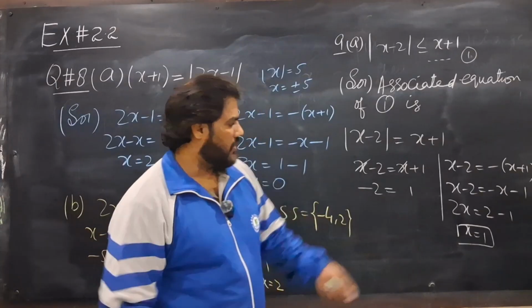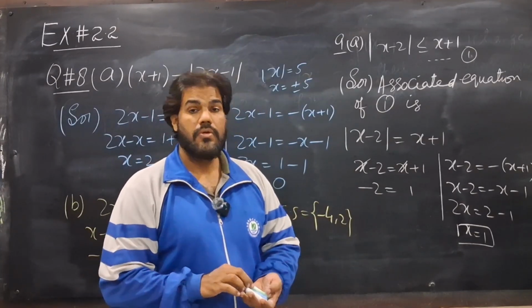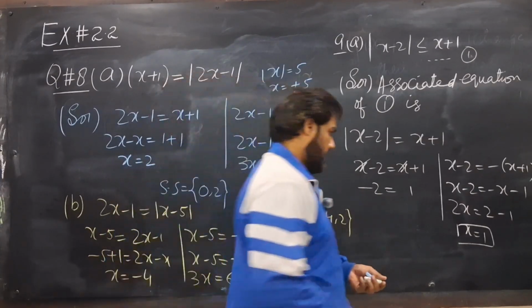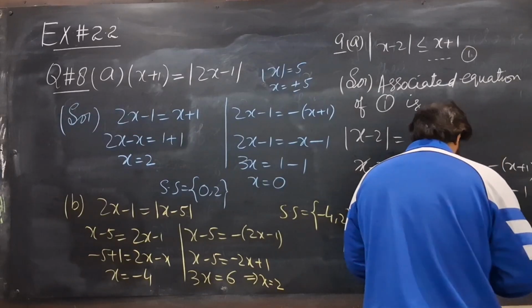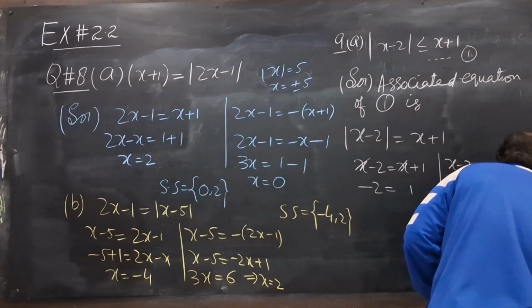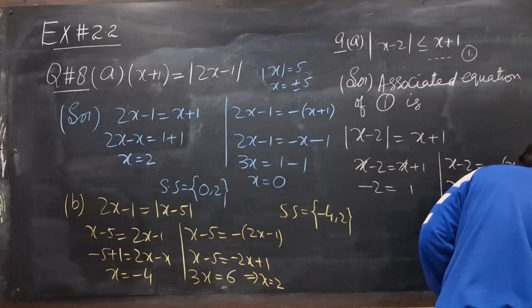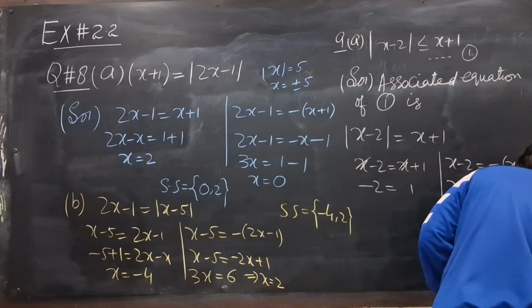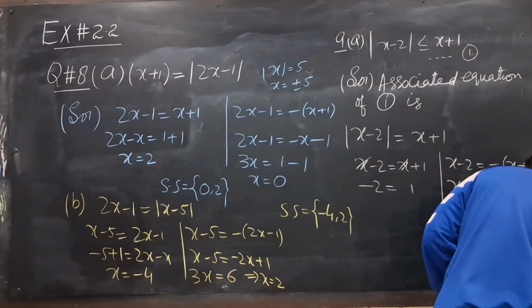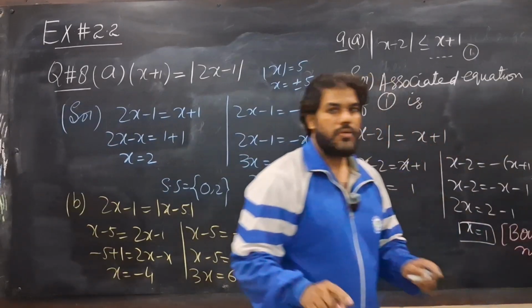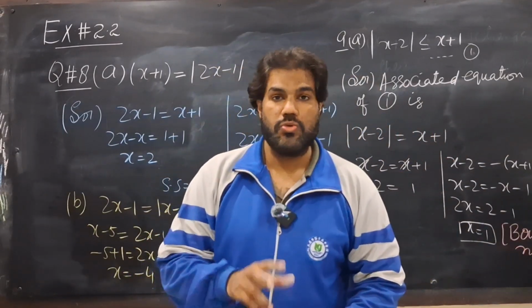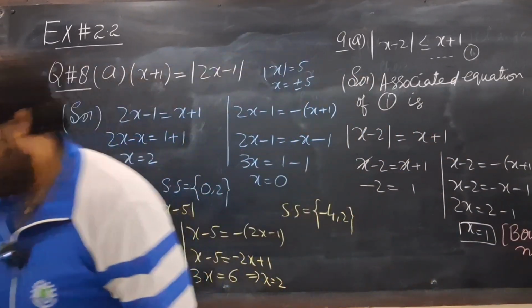Now this number, that is x is equal to 1, is called the boundary number. This boundary number divides the real line into two disjoint parts.